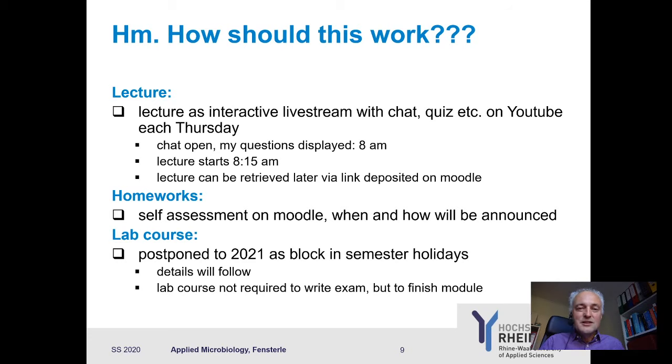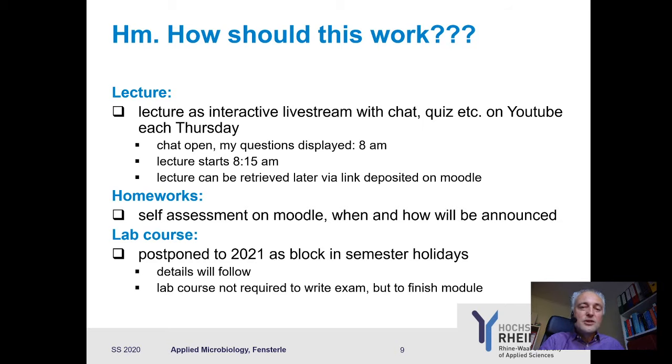In this semester you have more time because there is no lab course. However, the exam, we don't know yet. I will come to the exam in a second. When you do this lab course, you get a test date, and as soon as you have passed the lab course, you will get the credits for this course.